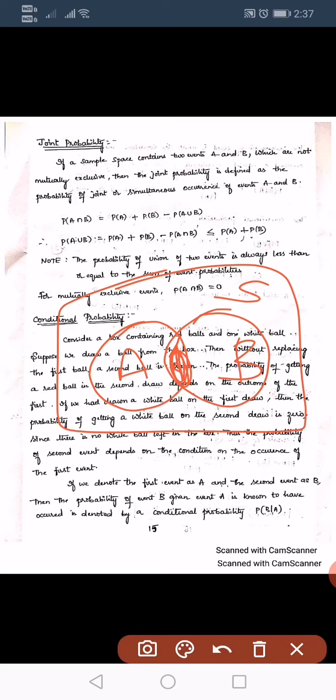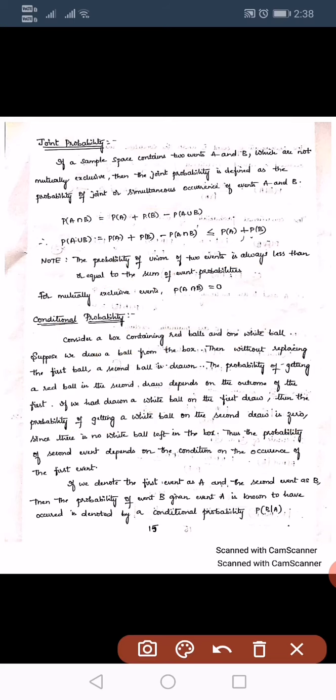The joint probability of two events A and B which are not mutually exclusive is defined as the probability of joint or simultaneous occurrence of events A and B. We call this P of A intersection B. Simultaneous occurrence means the two events A and B occur at the same time. Then we call that probability the joint probability.